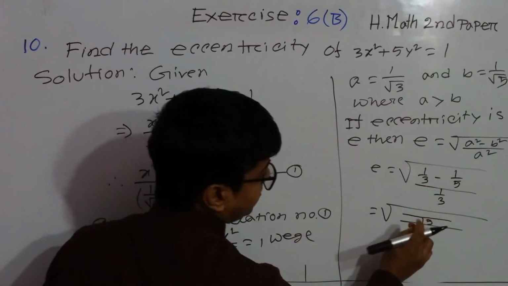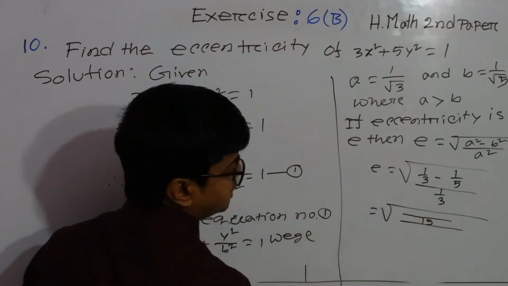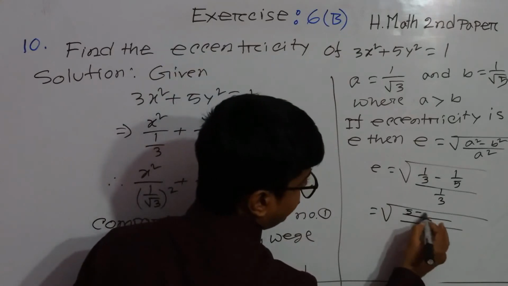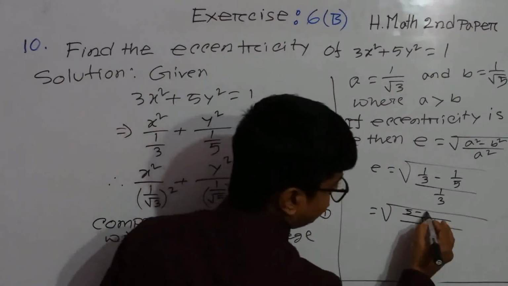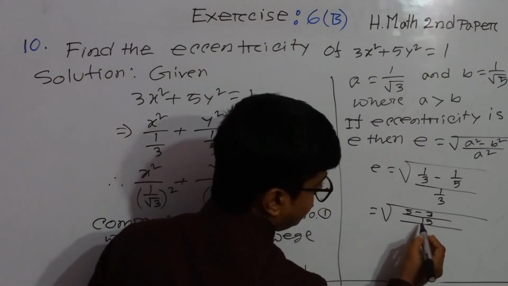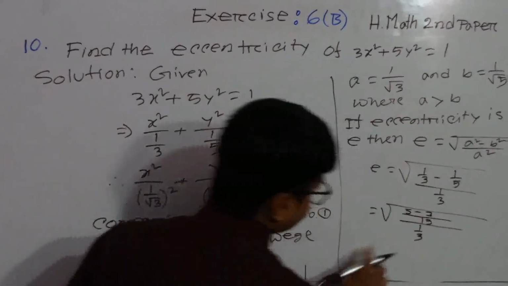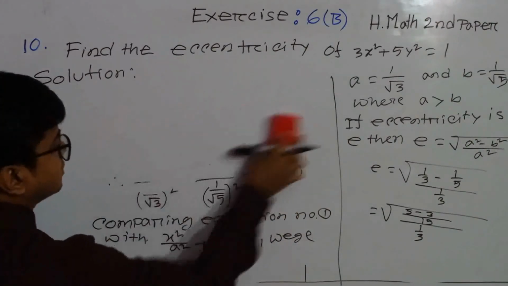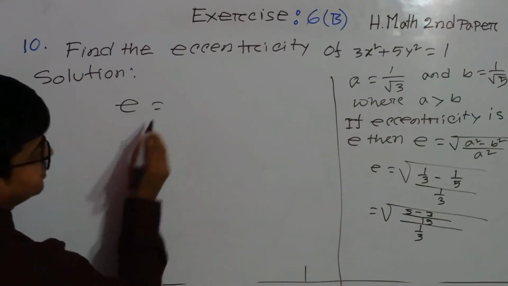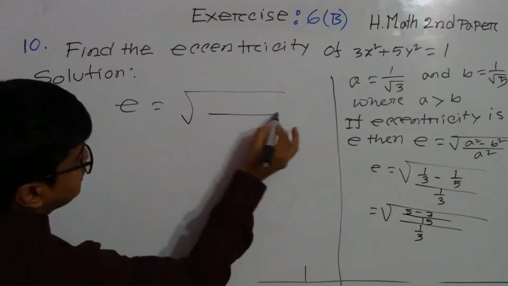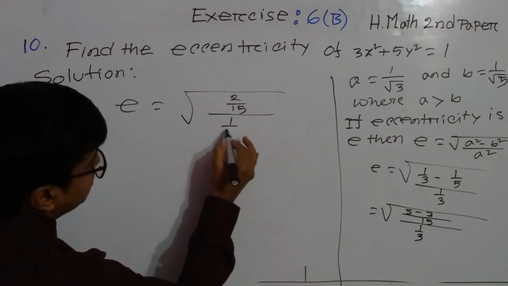So 15 divided by 3 is 5, minus 15 divided by 5 is 3, so we get 2 by 15, divided by 1 by 3.